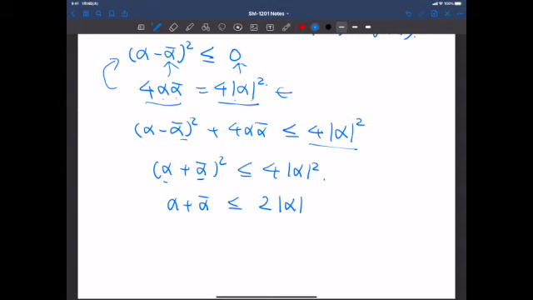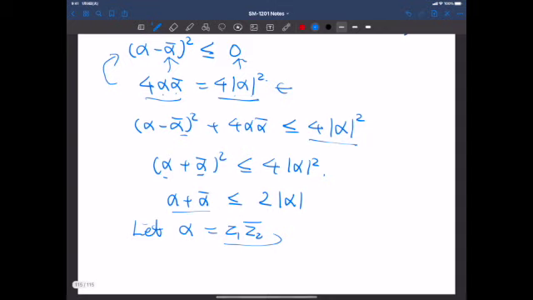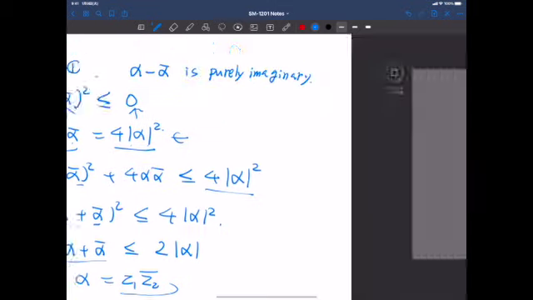Now let alpha equal z1 times z2 bar. So just substitute this for alpha.